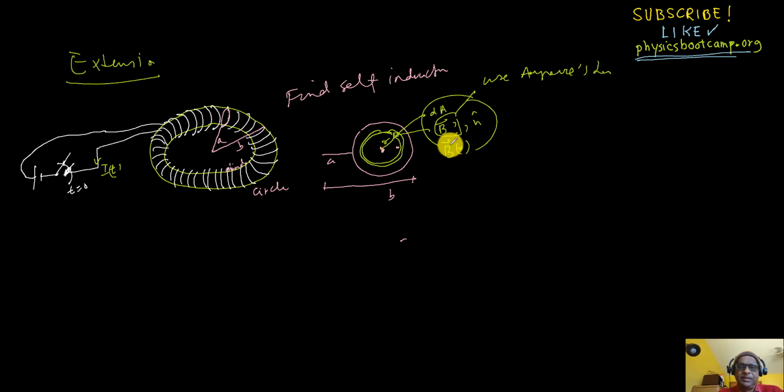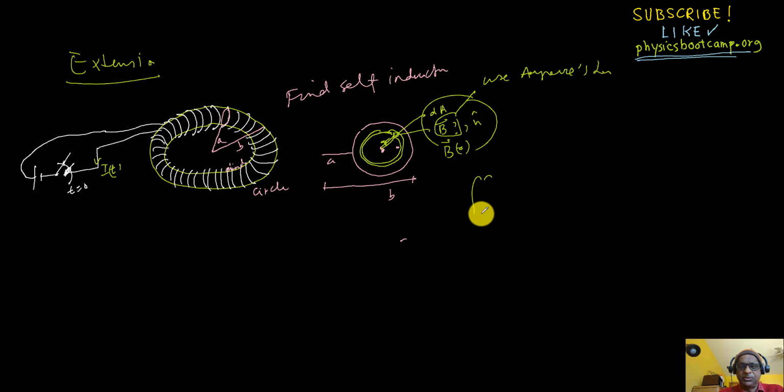So once you know what the formula for B looks like at a distance of r, then you should be able to get the answer. You should be able to do this integral that we spoke about.